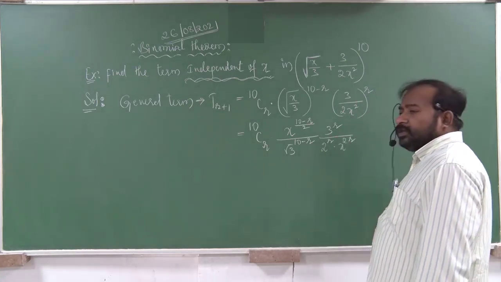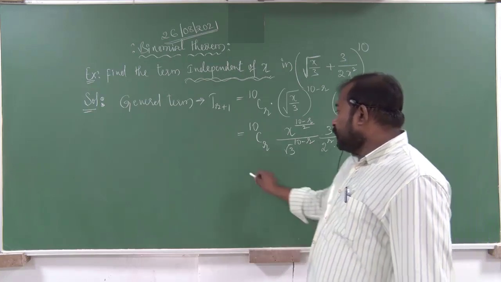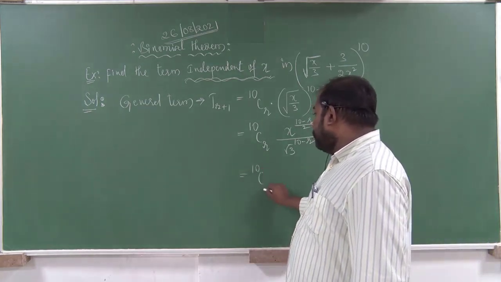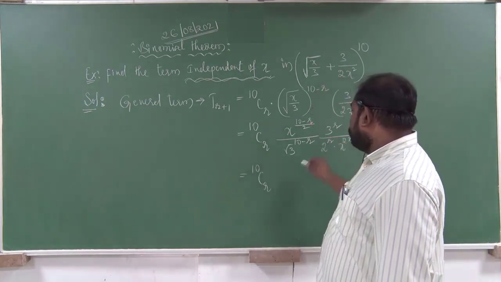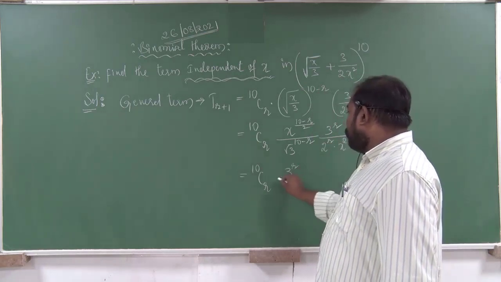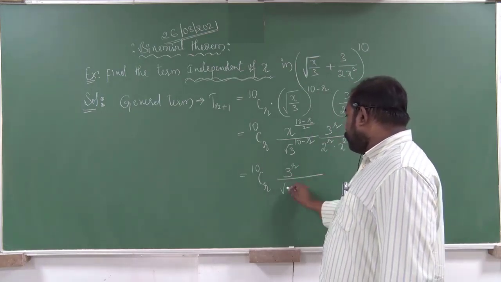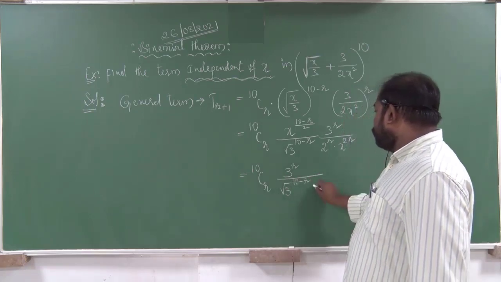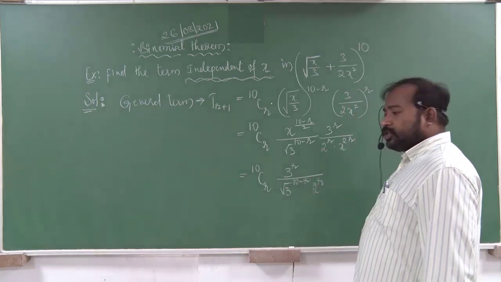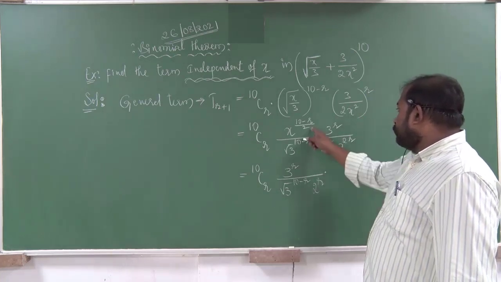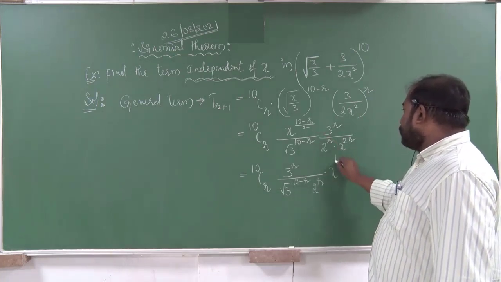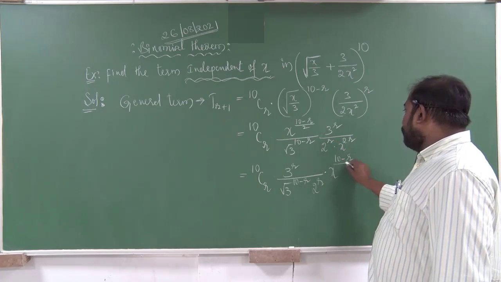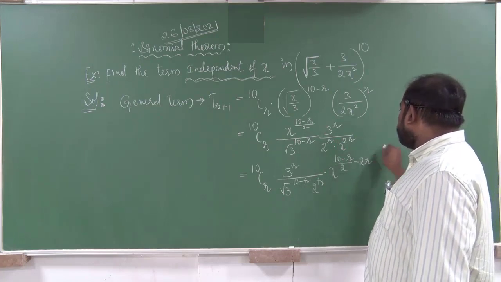Understand? Now here this is equal to 10Cr into 3 power r by (root 3) whole power 10 minus r into 2 power r. These are the constant values, into x power (10 minus r) by 2 minus 2r is the value.